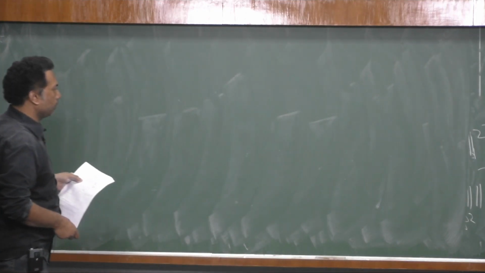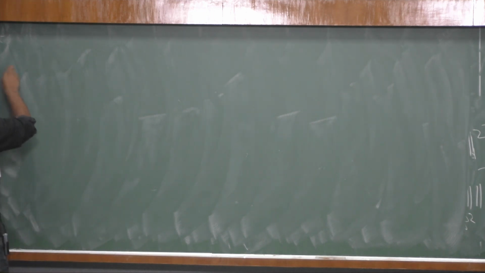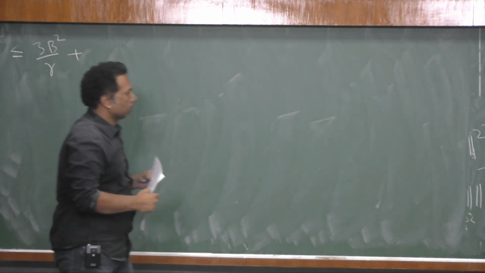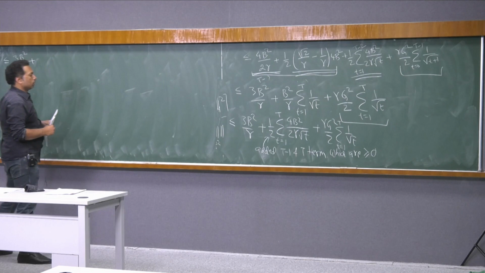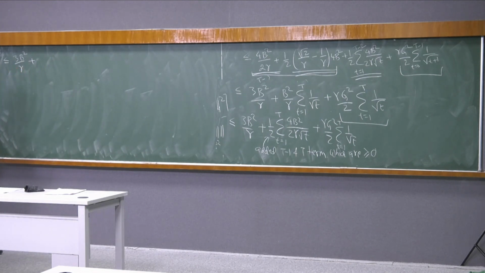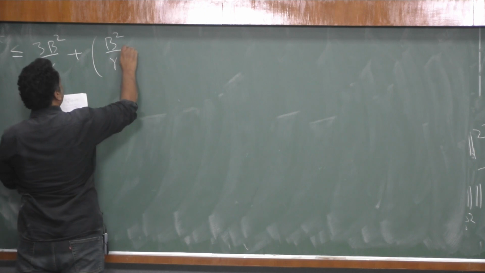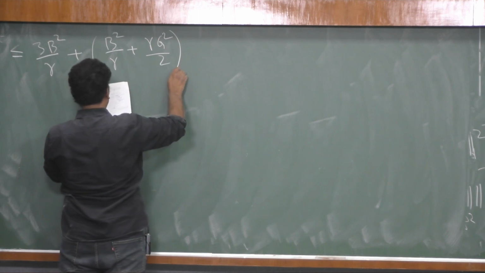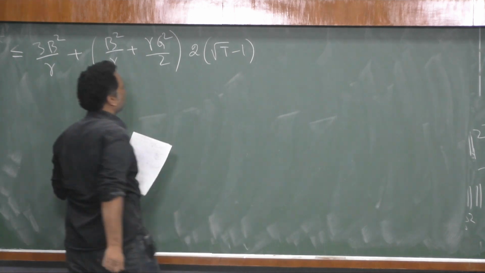So this will be 3b squared by gamma, and then these sums are the same, sum of 1 by square root of t, so we will take that common, and that sum will be square root of t minus 1. And then the common terms get added, the constants, b squared by gamma plus gamma g squared by 2, and then the summed up term is square root of t minus 1.